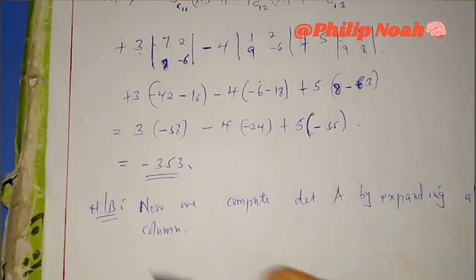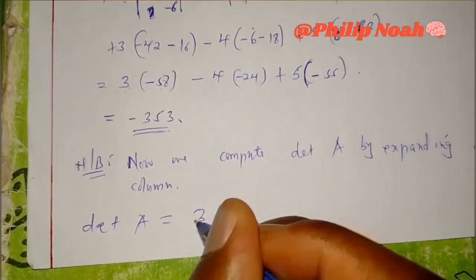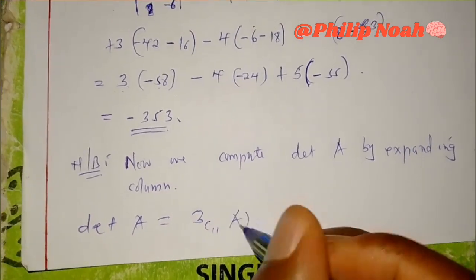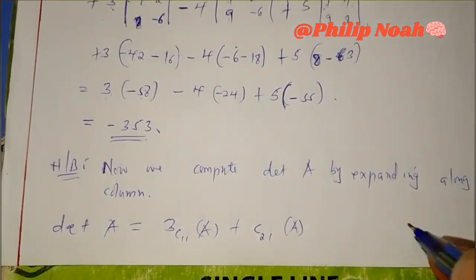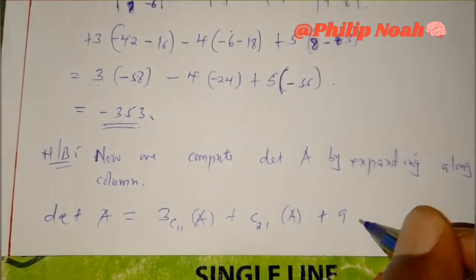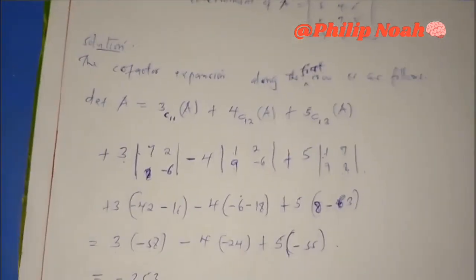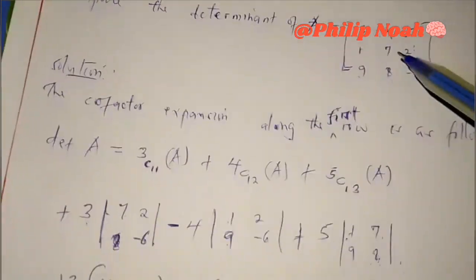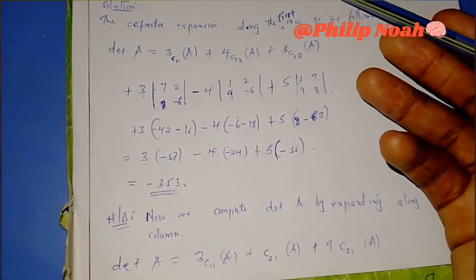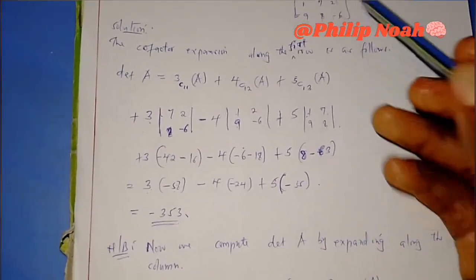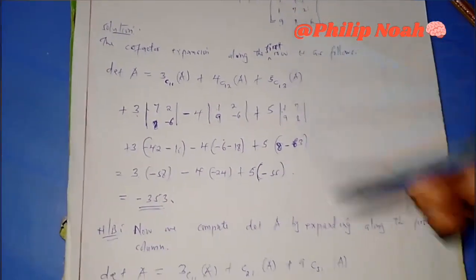Let's see. So we say the det A is equal to 3C11 of A. We add C21 of A, then plus 9C31 of A. From the equation, 3 is in position first row, first column here, as you can see. 1 is in the second row, first column, so it's 2, 1.